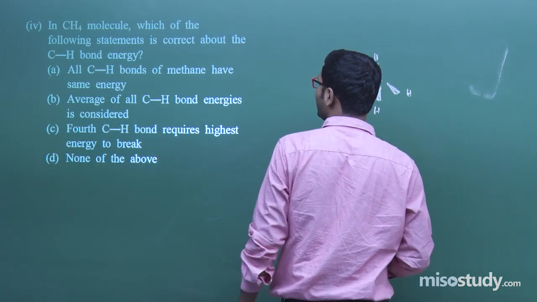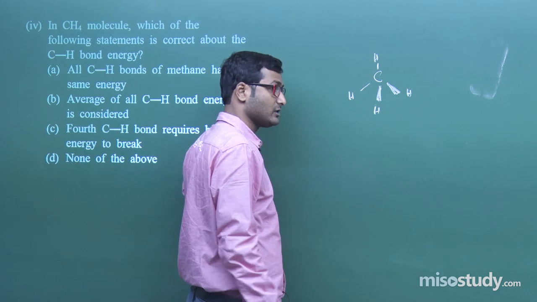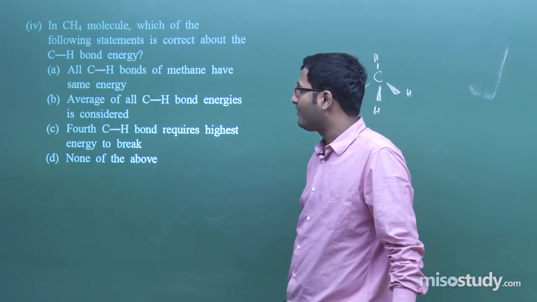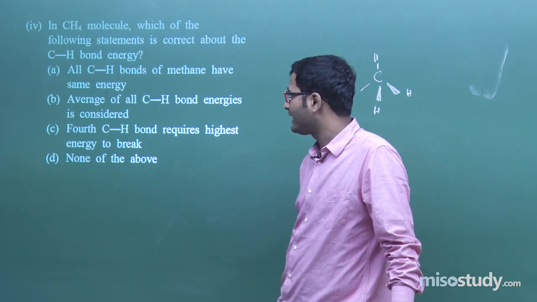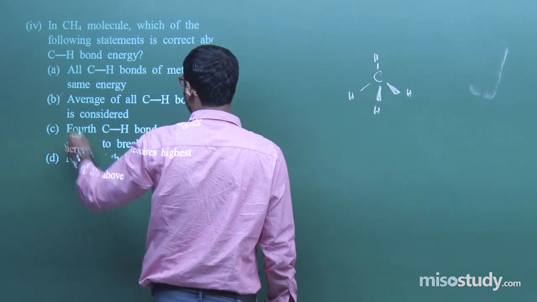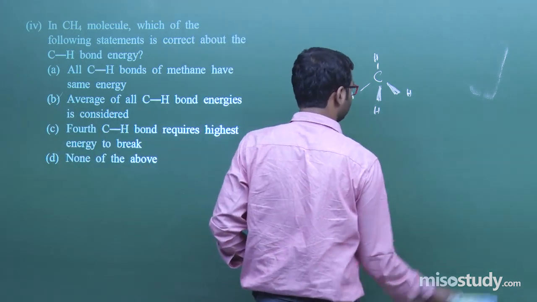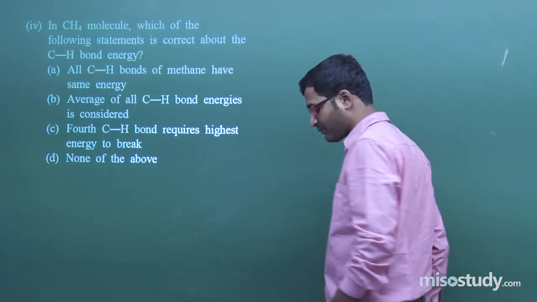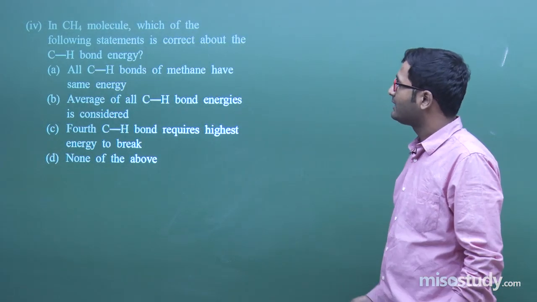The average of all CH bond energies is considered. Good question. So the fourth part has answer B. B is the correct option. Clear, my friend? Yes, sir. So this is a passage type question. Now let's move to the next question.